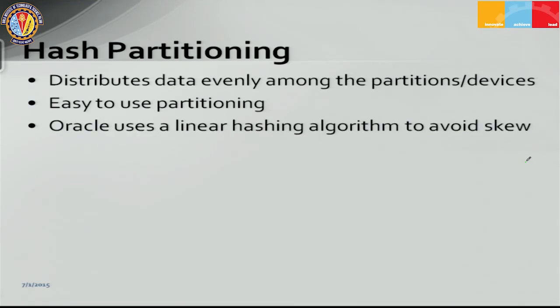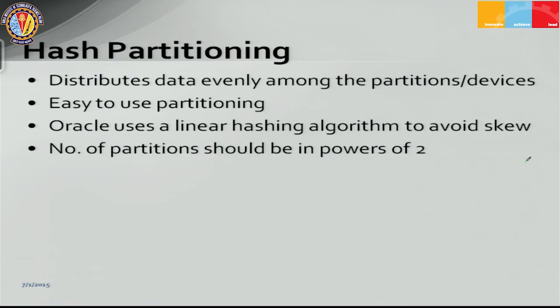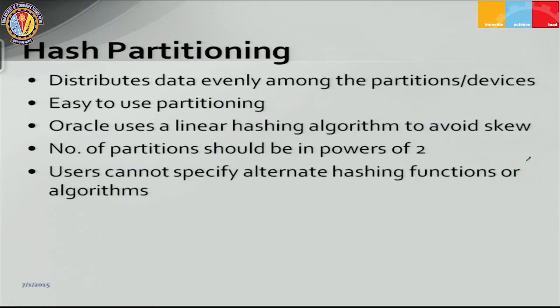Oracle uses a linear hashing algorithm, a dynamic hashing technique to avoid skew in the partitions. So it could be 2, 4, 8, 16, or any other power of 2. The limitation is that users cannot specify alternate hashing functions or algorithms, so only whatever is there by default would be used.